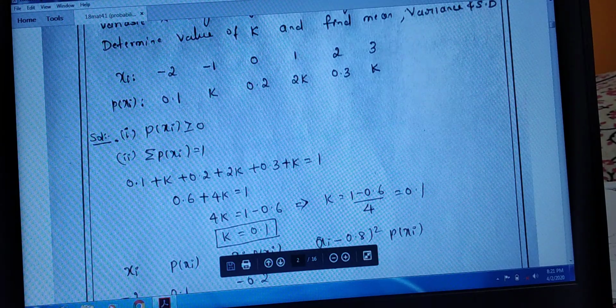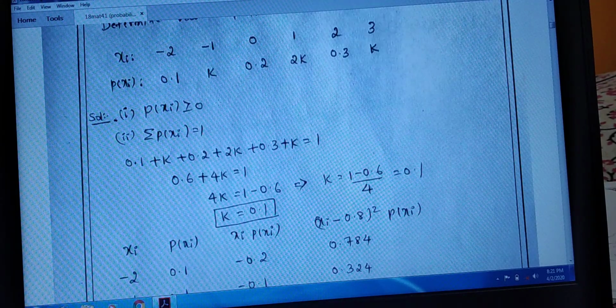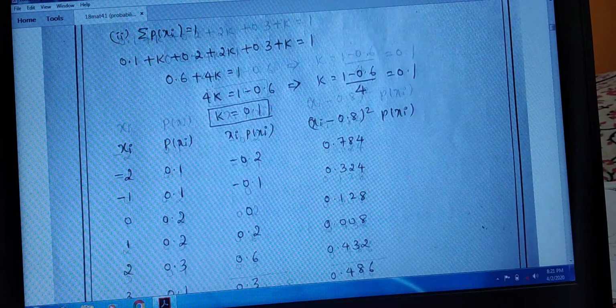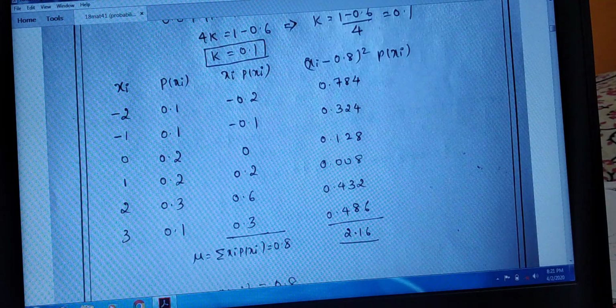So in this p of xi's row, substitute all the values of k as 0.1, and you're going to get this column: 0.1, 0.1, 0.2, 0.2, 0.3 and 0.1.